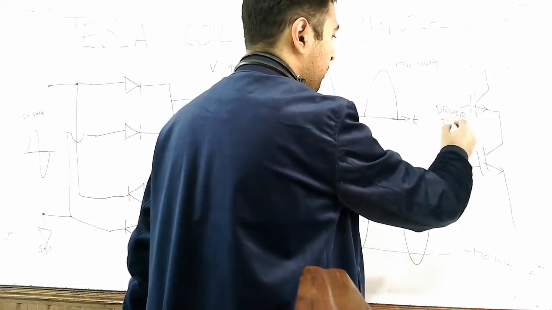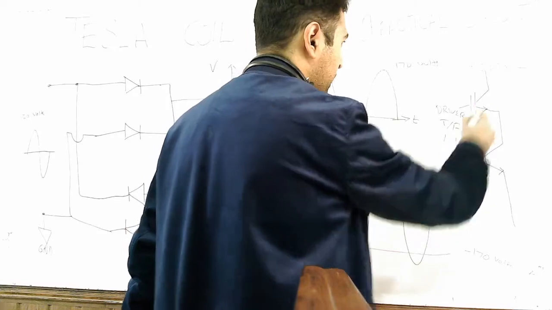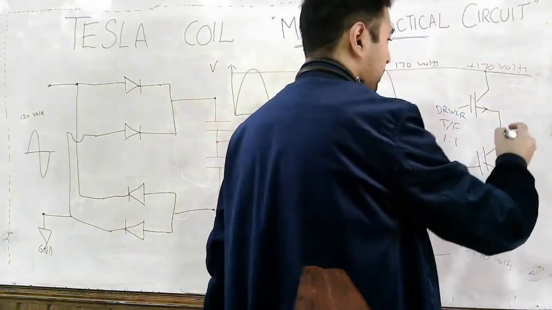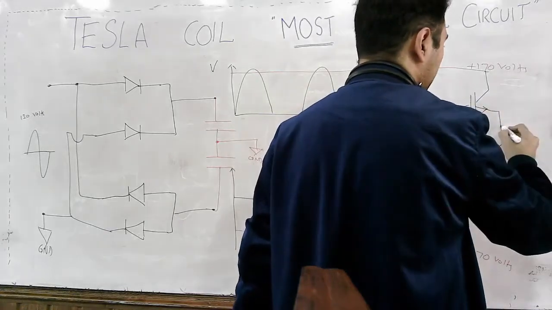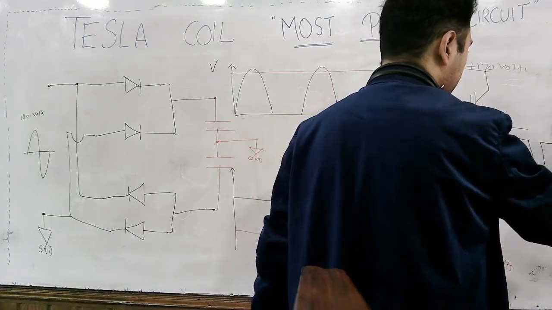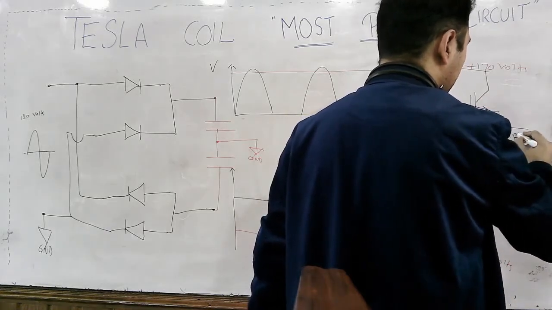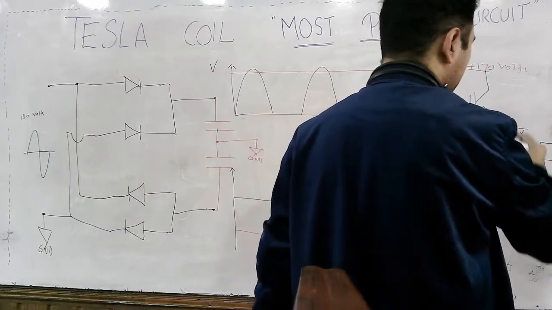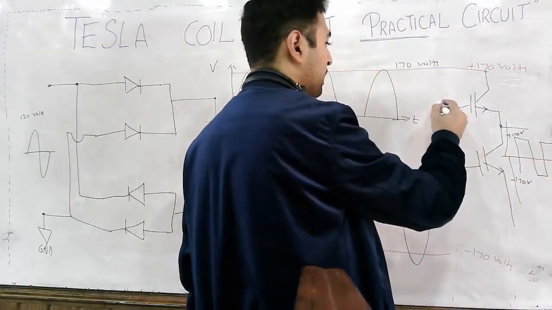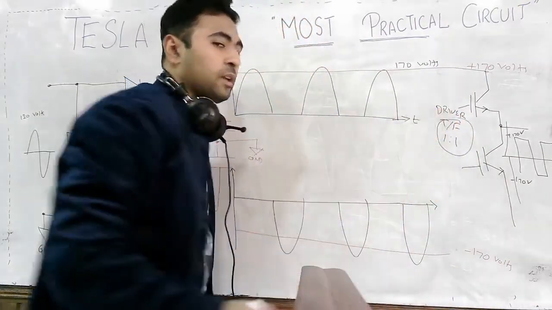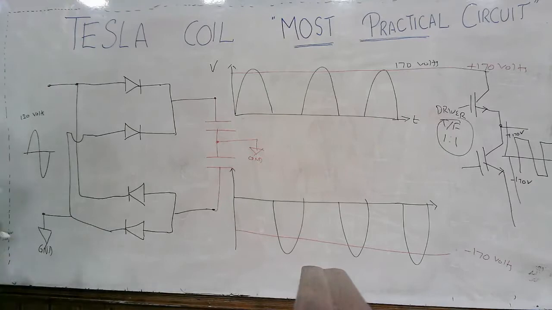You have the transformers here, the 1:1 transformer, and what we are getting here is this type of waveform, the square waveform, plus 170 volts and minus 170 volts, and the frequency of this waveform is adjusted by the frequency of the transformer which is involved at the gate driver side. So this is how we get the plus 170 and minus 170 volts.